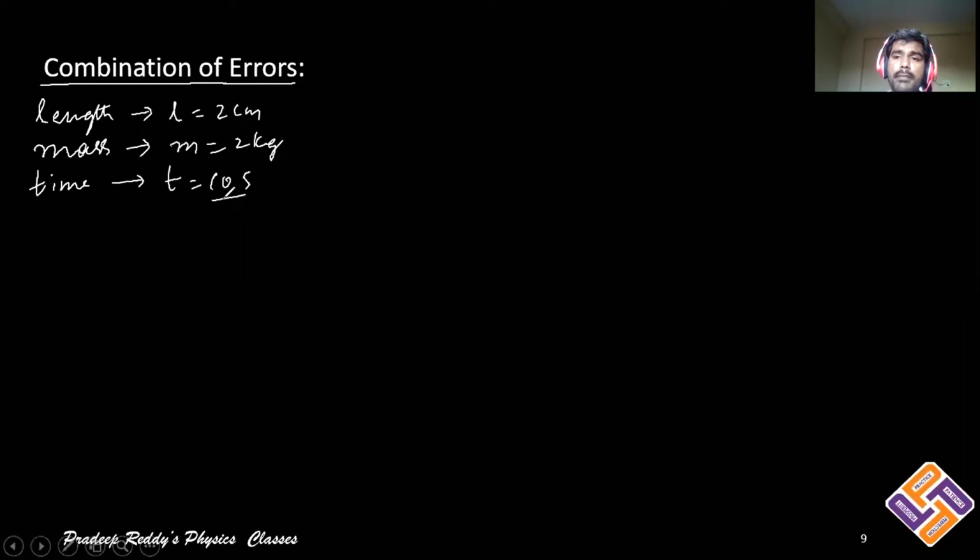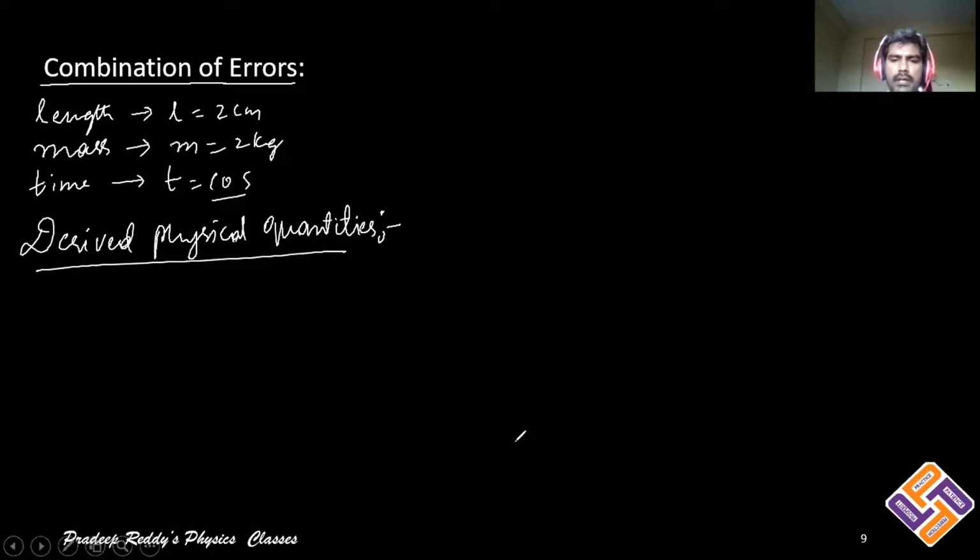But sometimes there may be derived physical quantities. What are derived physical quantities? For example, let me take density. What is the formula for density?